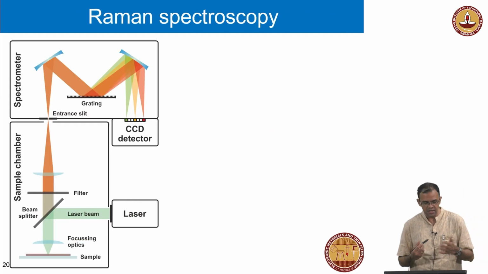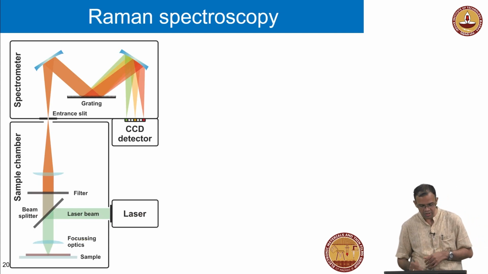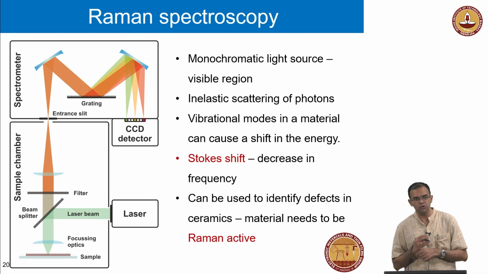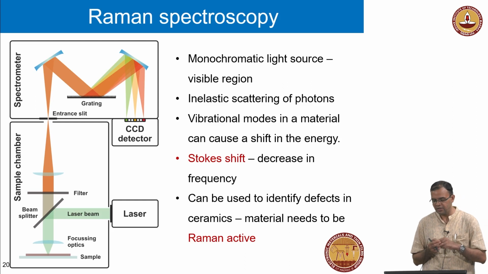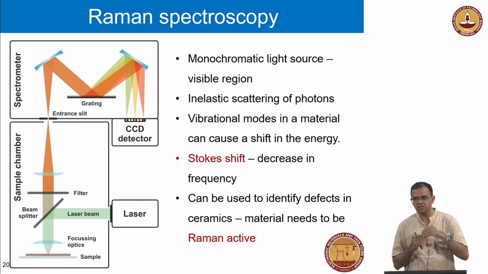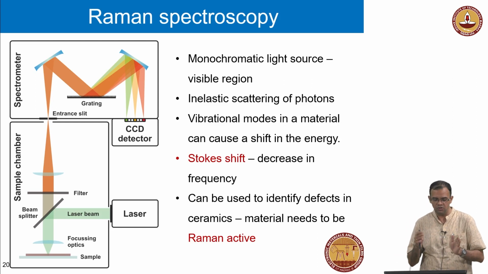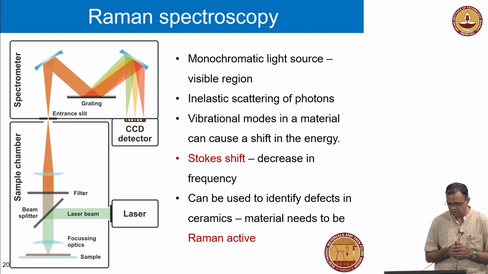The last technique is Raman spectroscopy, which people use a lot, especially to study defects. Here again you have a monochromatic light source, and then you look at the shift in the energy or the frequency of the light source when it interacts with a sample.